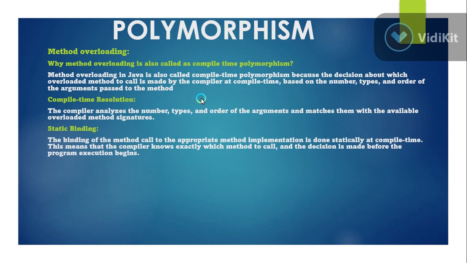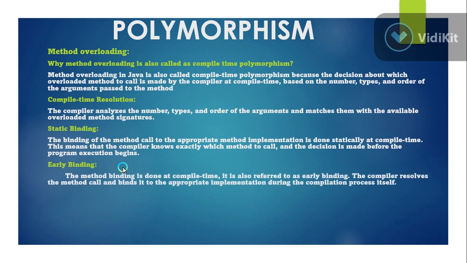The static binding is done at compile time. This means the compiler knows exactly which method to call, and the decision is made before the program execution starts. That's why method overloading is compile time, static binding, and early binding. The method binding is done at compile time and is also referred to as early binding.